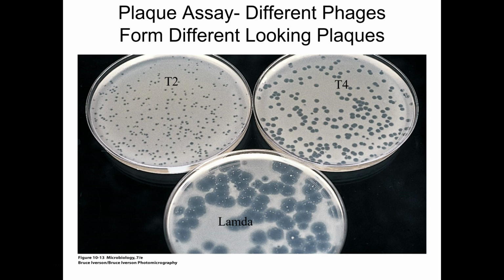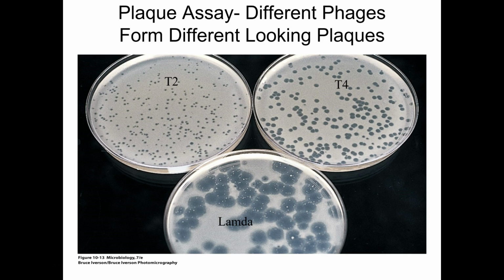So we mentioned plaque assays in the last chapter, where we use viruses to identify strains. Here, we've got 3 plates of E. coli. E. coli is being infected by 3 different viruses here: T2, T4, and Lambda. Now you'll notice there's clearings on all 3 plates. The clearings are what you call plaques.